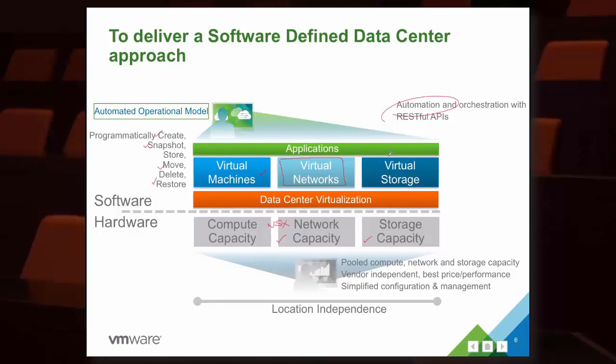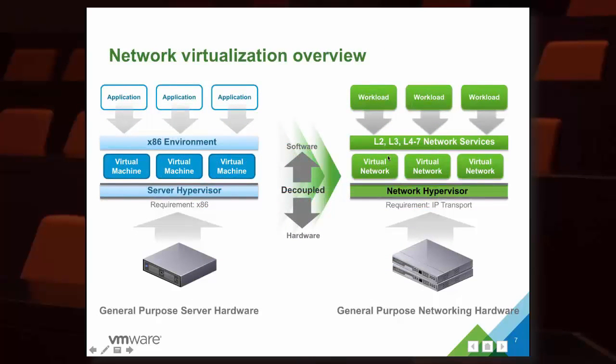So what does network virtualization look like? Well, inside of compute virtualization, we had the server hypervisor, which was really just any piece of x86 hardware. And then we allowed the virtual machinery and the applications to commoditize and access that hardware. Inside of NSX, we're doing the same thing. All we're doing is breaking apart layer one, which is really just the cabling and the boxes, and we're commoditizing all of the rest so that everything from layer 2 through layer 7 is handled by NSX.